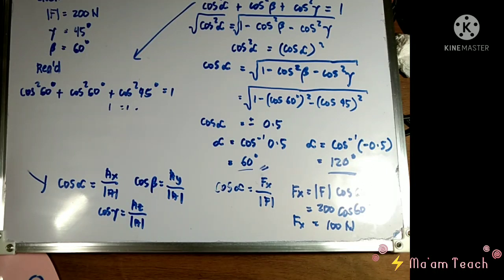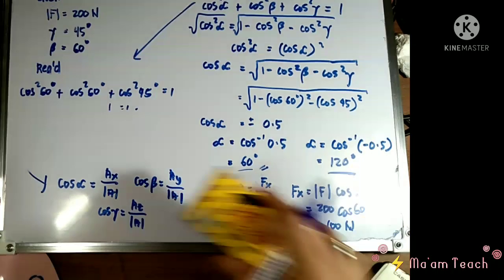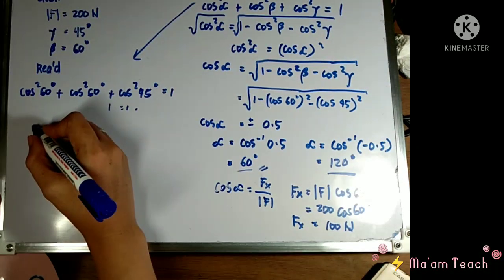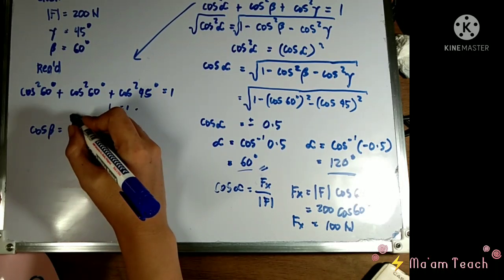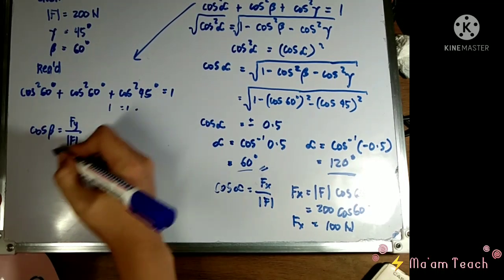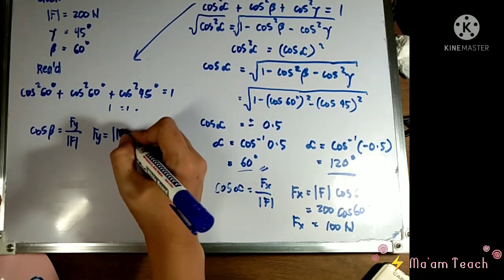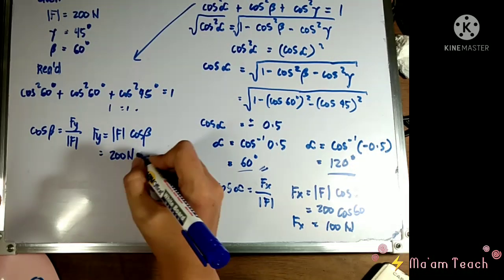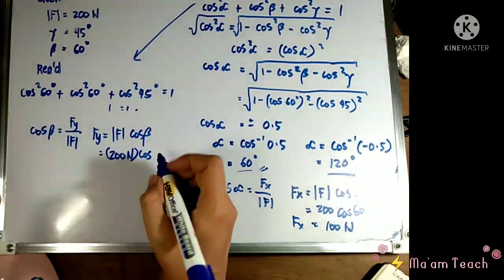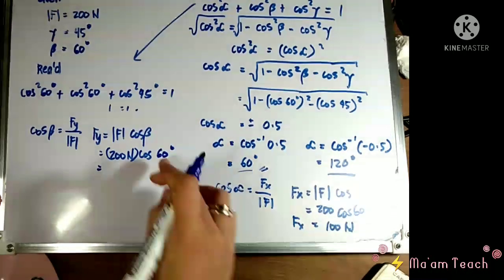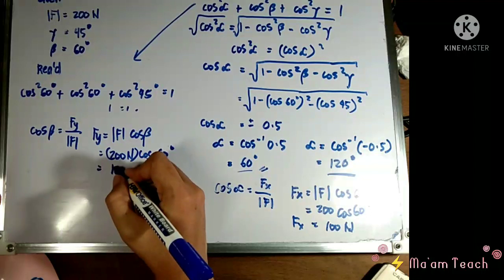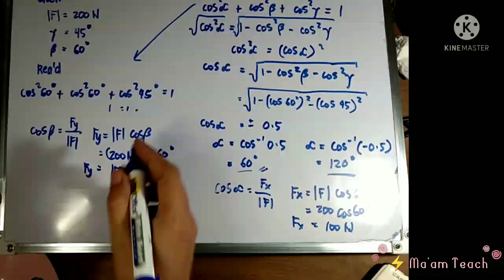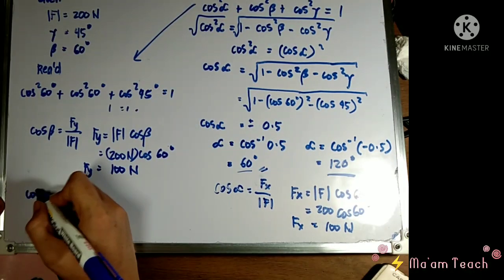Now how about the y component? Cosine beta is the y component divided by the magnitude, so the y component is the magnitude times cosine beta. So 200 Newtons times cosine 60, since beta is 60. It's the same as here, class, so we will also have 100 Newtons for our y component. Now how about the z component?